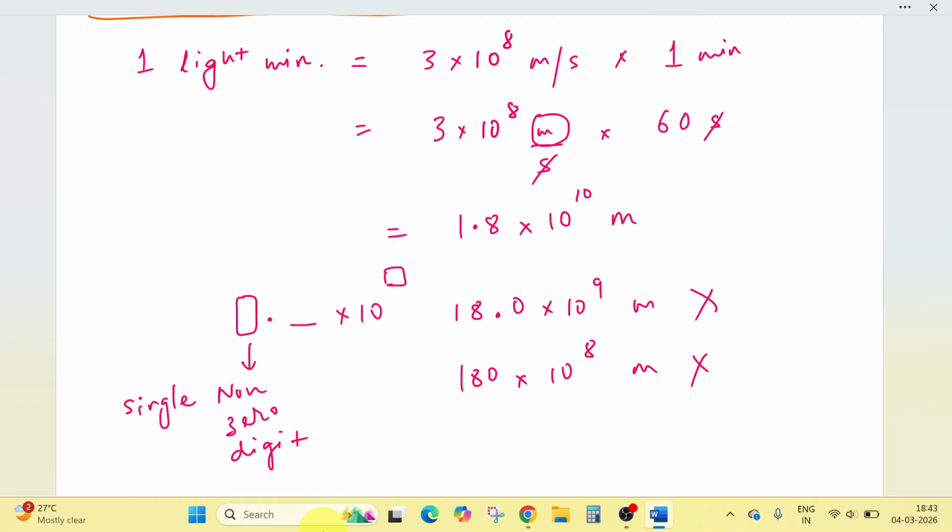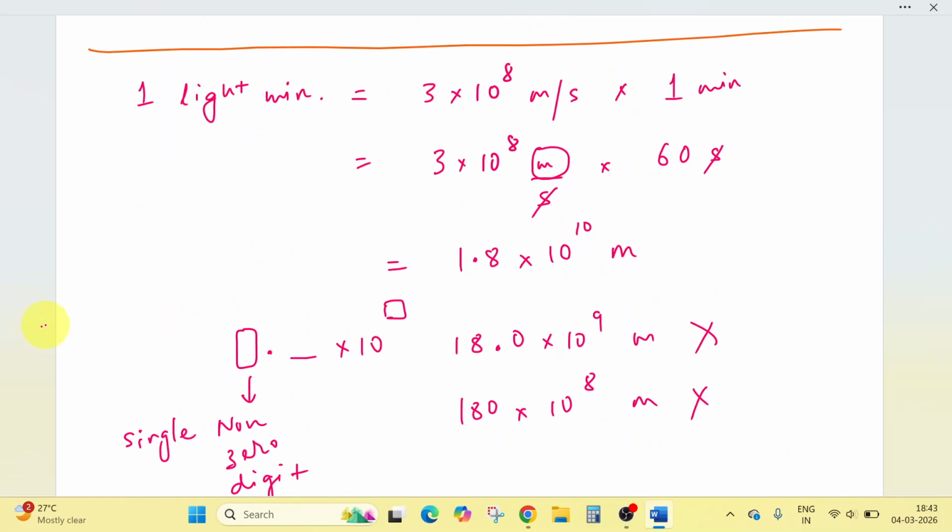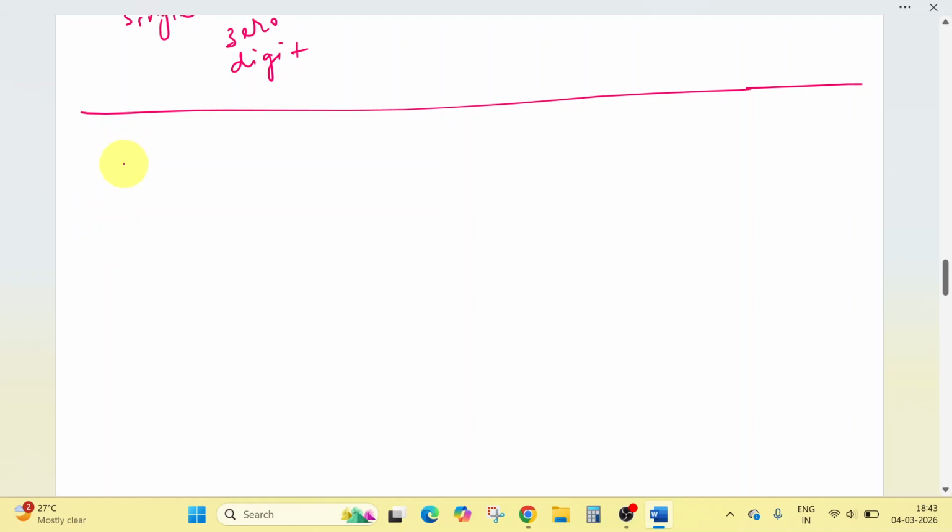So that is the style of writing. Understood? Now light minute is done and the other is light second. Now if I call light second, they can confuse you in the question paper and ask what you mean by light second. One light second is the distance traveled by light in 1 second.